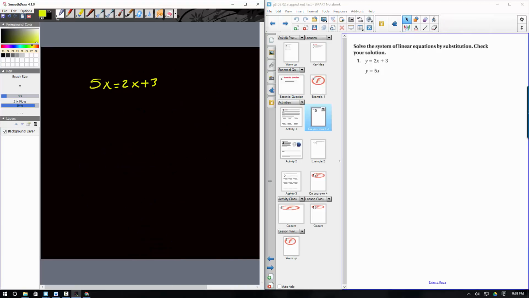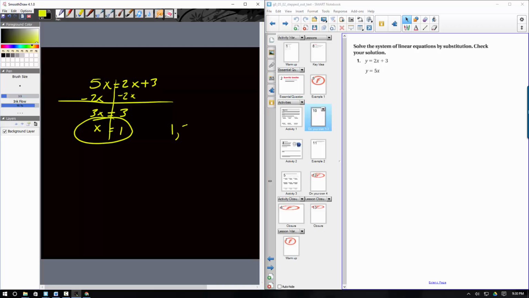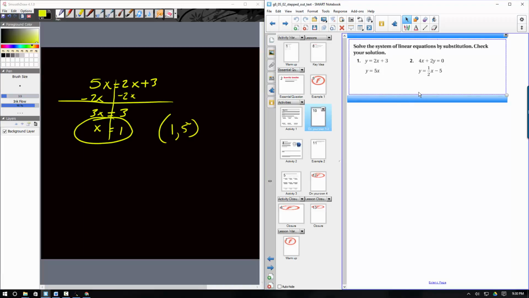So when I plug this in here, I'm going to first subtract 2x, and I'll have 3x equals 3. So then x equals 1. And now I just got to plug x into one side here and solve for y. So I'm going to do the shorter one. So 5 times 1 is 5. So my ordered pair would be 1 and 5. And that's where the two equations are equal to each other.